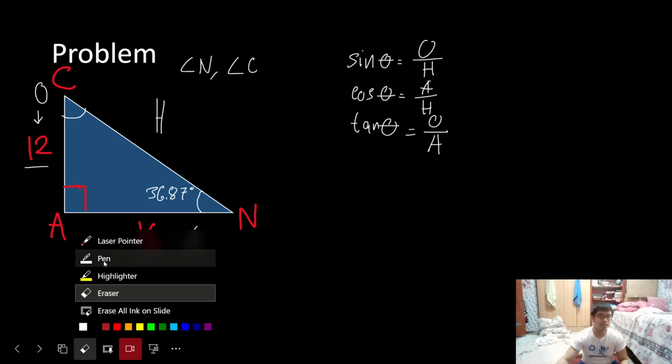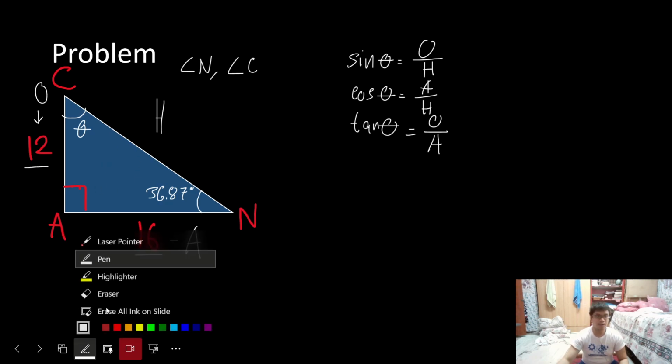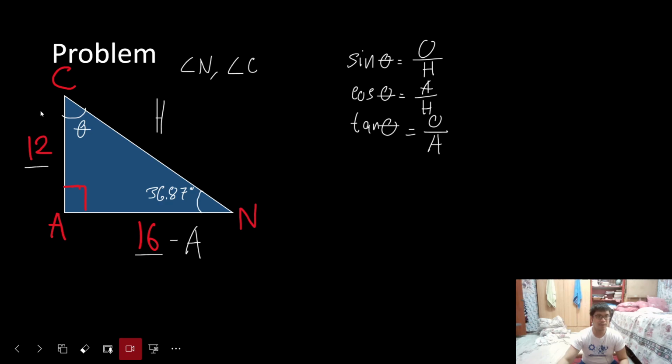So here, how about C? What is angle C? Now we're going to observe the triangle first. The angle we are referring to is at C, and the sides given are the legs of the right triangle, 12 and 16.